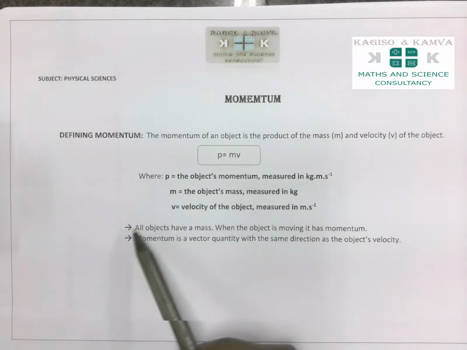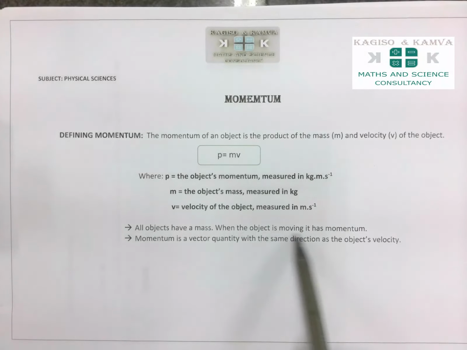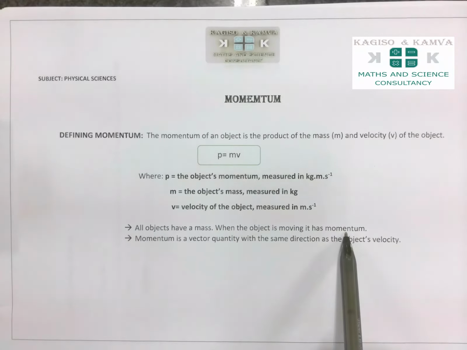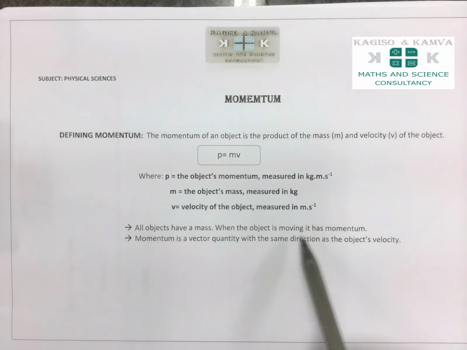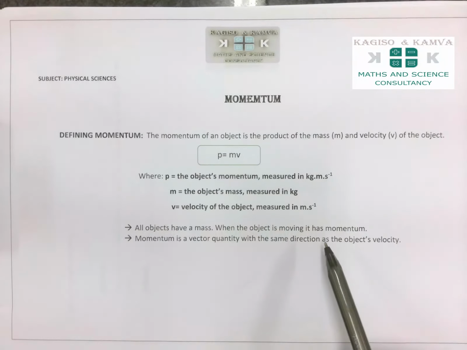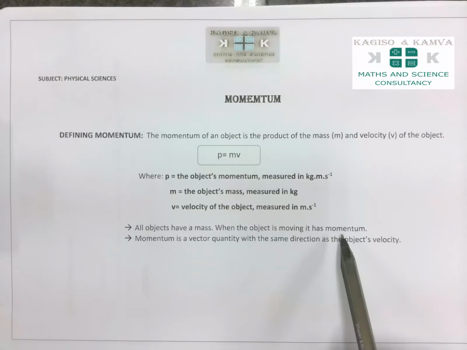So all objects have mass. When the object is moving, it has what? It has momentum. We know that if the object is moving, it has velocity, and it also has kinetic energy. Now we are introduced to a new physical quantity in grade 12, which is momentum.